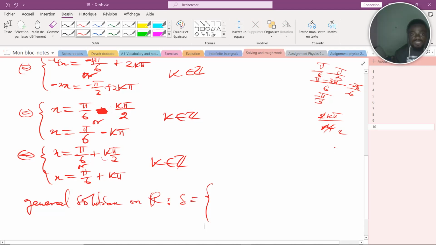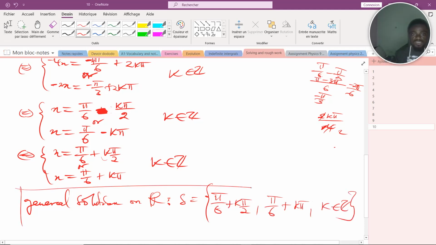Any number of this form, or this form. Is that okay? Where k belongs to a set of integers. So we have pi on 6 plus k pi on 2, comma, pi on 6 plus k pi, where k belongs to the set of integers. We have already the general solution.